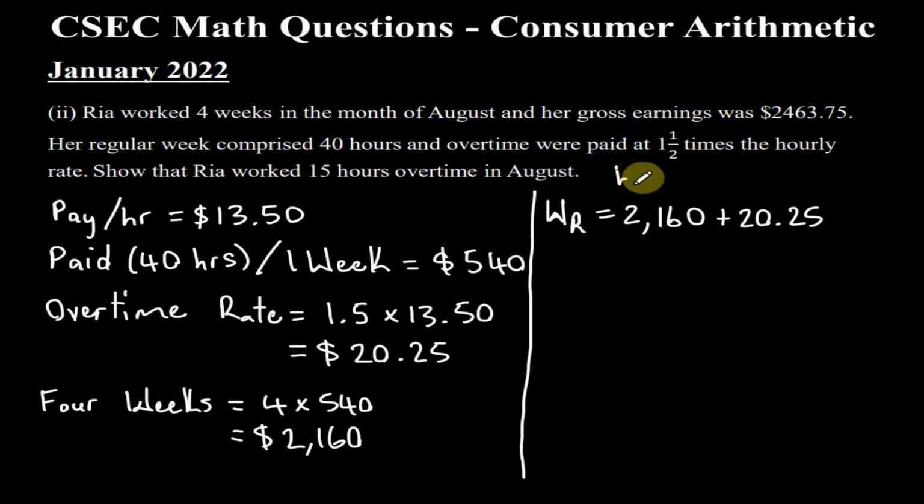So I'm going to call those hours H. So it's 20.25 times H. And of course, this is pretty useful. So now we can plug in all the values here.